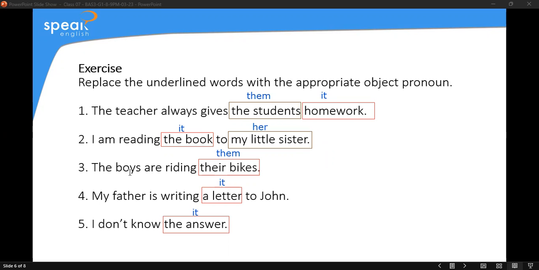We do not have a person receiving something. What about number 4? John. And how can I change this object pronoun? Him. Excellent.